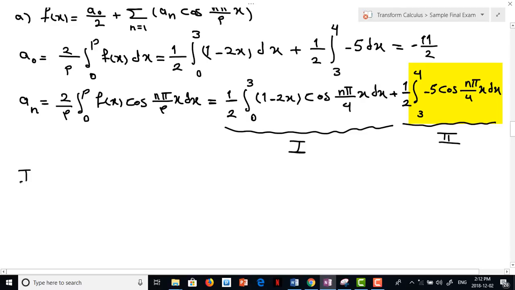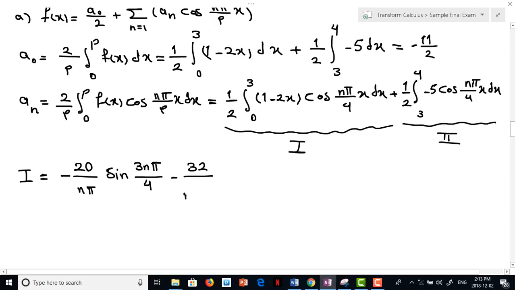If you find integral number 1, you're going to end up with minus 20 divided by n pi sine(3n pi over 4), minus 32 over n squared pi squared, cosine(3n pi over 4) minus 1.